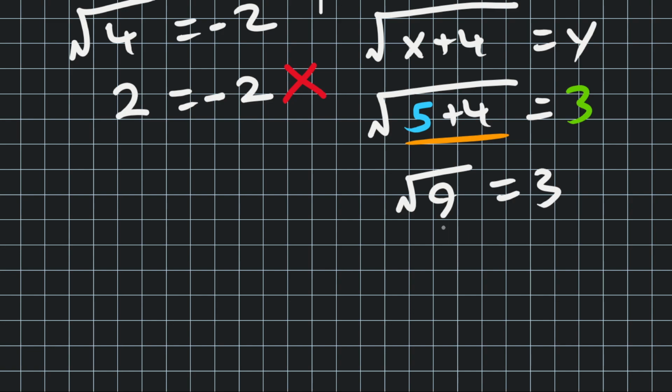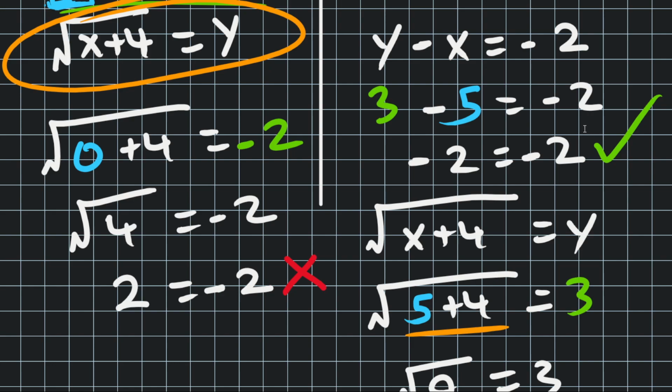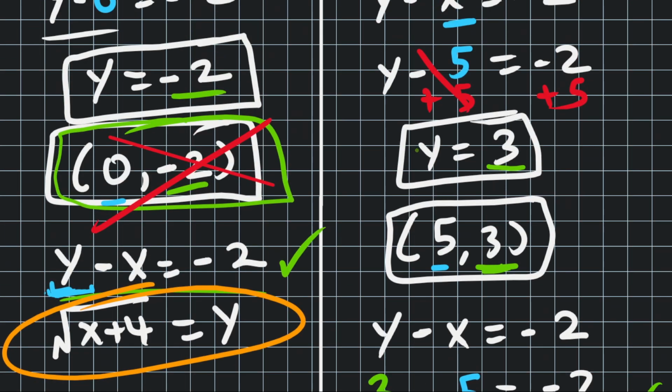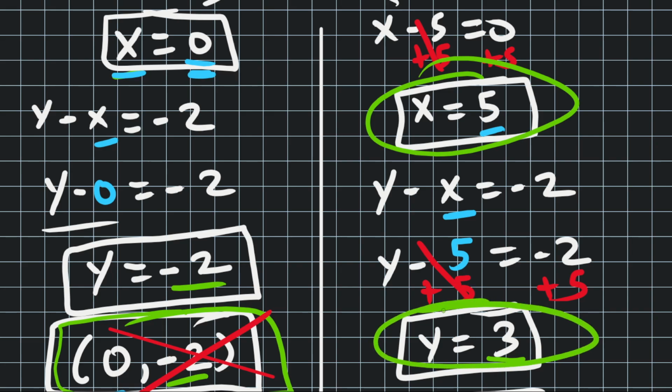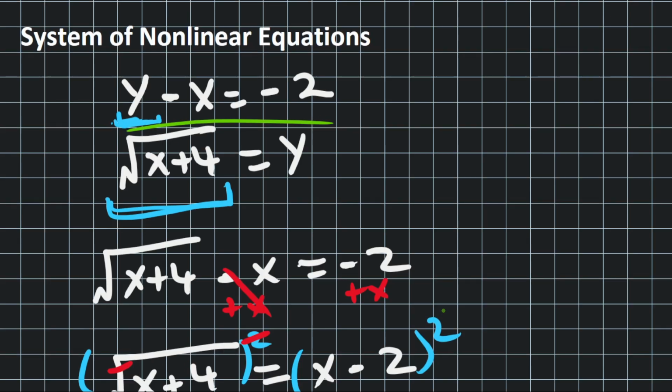Radical 9 comes out to 3. So 3 equals 3, which is true. So that means this ordered pair right here passes both equations. It works for both of the equations in our system of equations. So these are the only solutions. So (5, 3), or in other words, x equals 5 and y equals 3. Those are the solutions to this system of nonlinear equations that we started with.